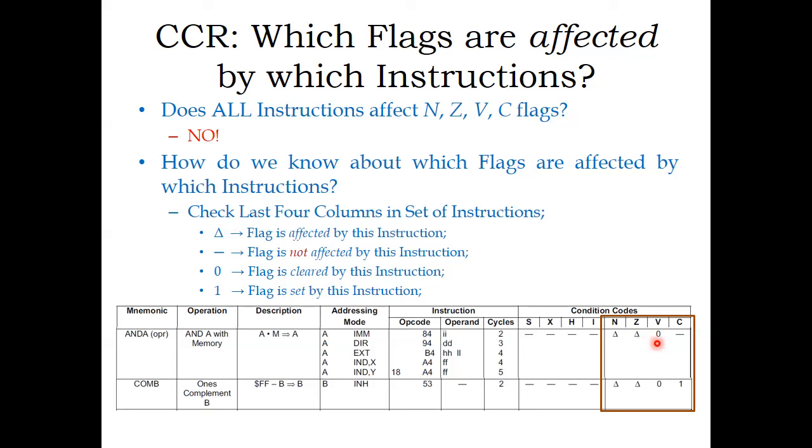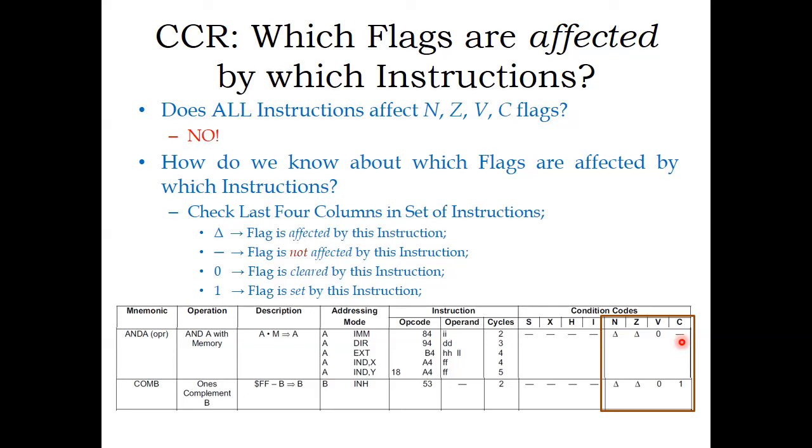V flag will always be 0. That means no matter what the V flag was, V flag will be cleared because of the instruction, irrespective of the outcome. And look at the C flag. C flag is not affected by this instruction. That means C flag will remain the same.